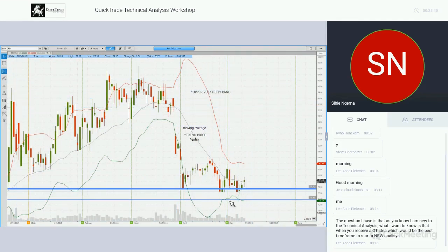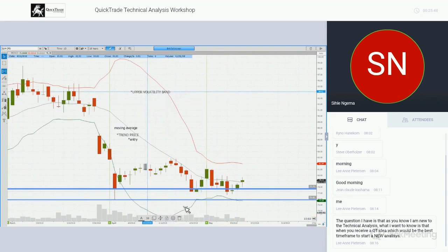And the bottom line, which is our green line, I hope you can see clearly here, is going to be our lower volatility band in this instance.